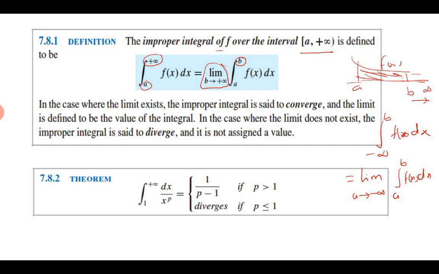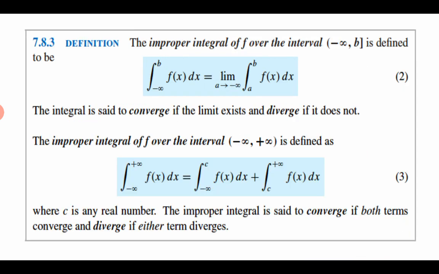So the graph may be like this. You are integrating from negative infinity towards b. You take some a here, from a to b we integrate, and then we take a approaching negative infinity. That's the definition 7.8.3.